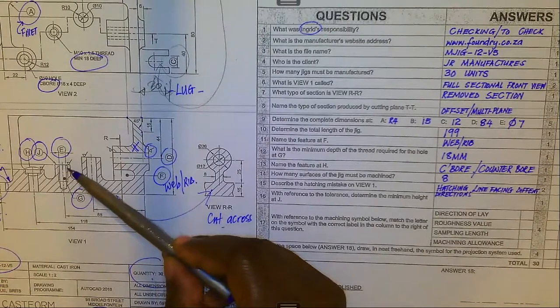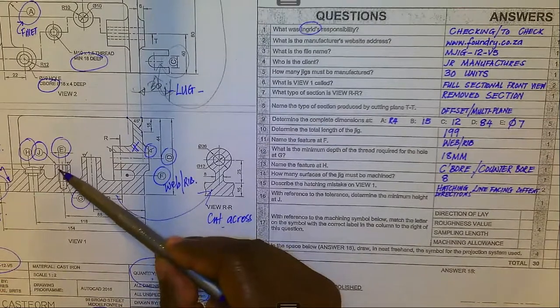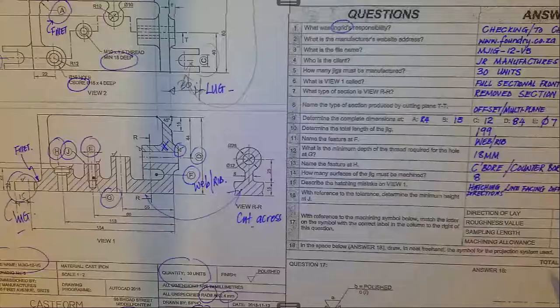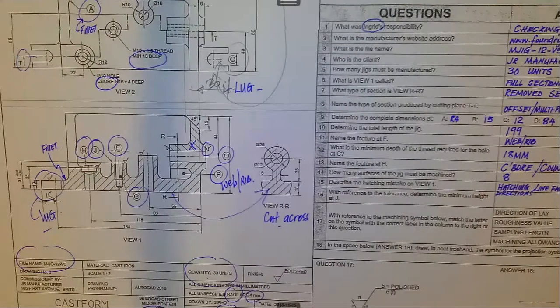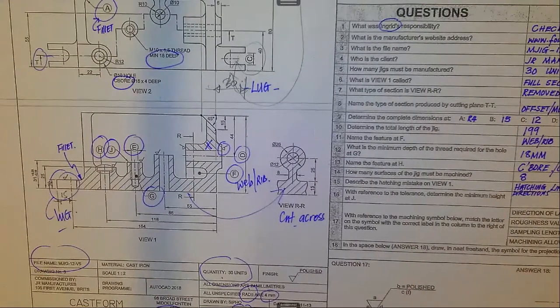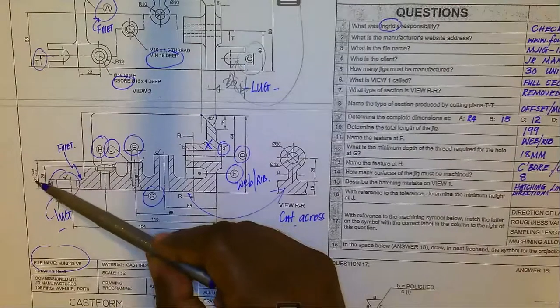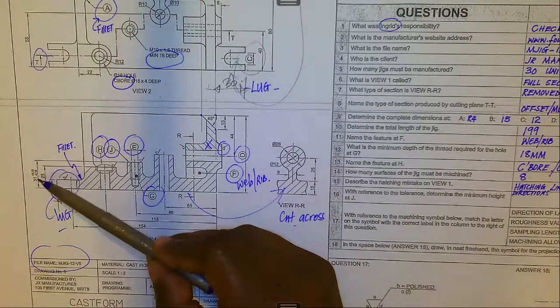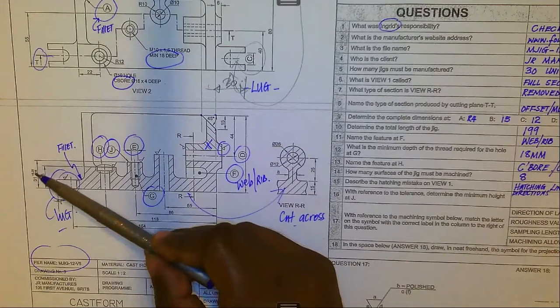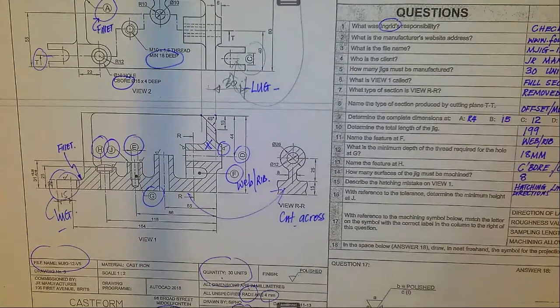If we push this one like this, you'd find that there is a certain measurement that has been given. It says 31 plus 0.25 or 31 minus 0.15, and they are talking about minimum.